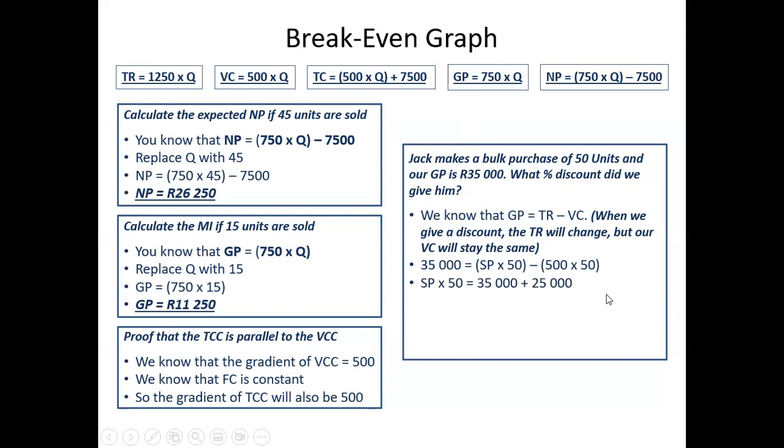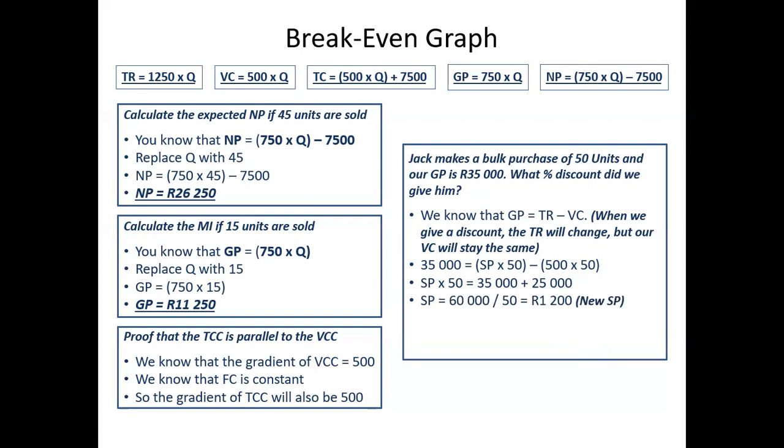Then I simply make the sales price term the subject of my formula. So SP times 50 is equal to 35,000 plus 25,000, because the only thing that really happened is that this 500 times 50 here that was negative went across the equal sign, so it becomes positive.